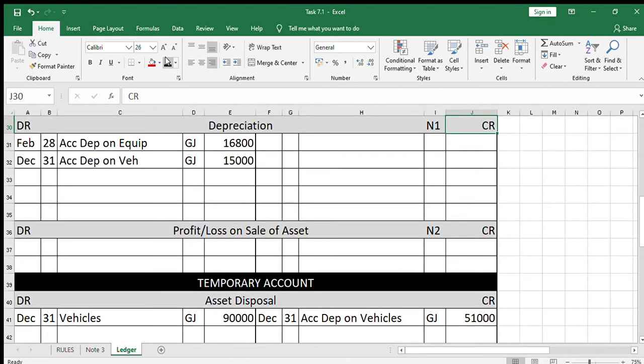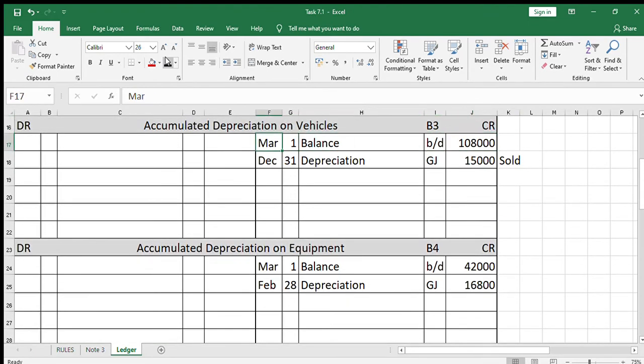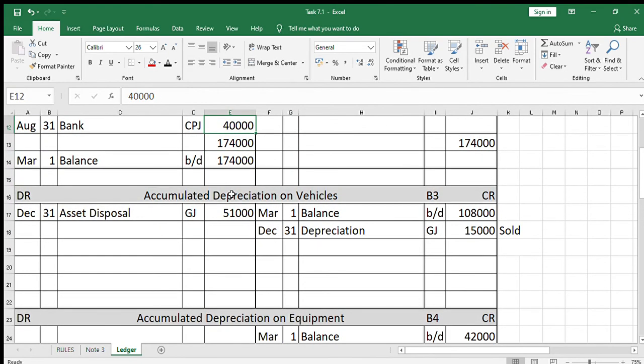So that in the accumulated depreciation on vehicles account, it can be on the debit side. The reason is when you sell an asset, the accumulated depreciation decreases. Normally accumulated depreciation is recorded on the credit side, but because this asset is sold, we're removing it from the books. It is therefore recorded on the debit side.